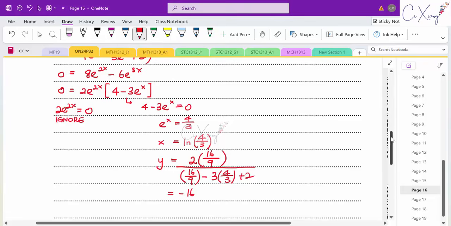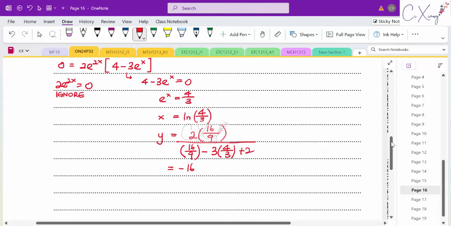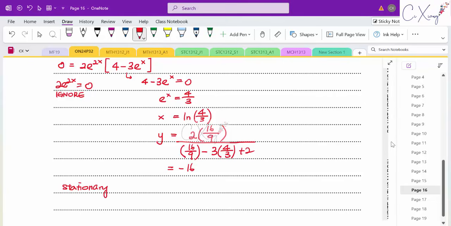Let's rephrase the answer again. I will also show in the exam, in the solution, that the stationary point is basically ln 4 over 3 with y coordinate negative 16. So this is how we get the stationary point.